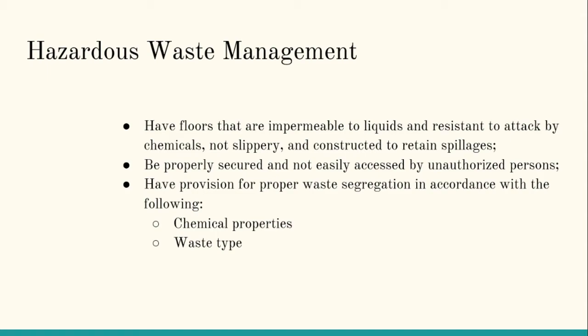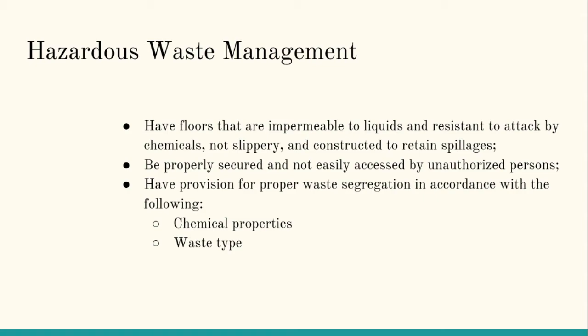Have provision for proper waste segregation in accordance with the following: chemical properties and waste type. Chemical properties. Waste with incompatible chemical properties that could react with each other, such as strong acids and strong bases, should be placed in separate containers and kept in separate spill containment areas.